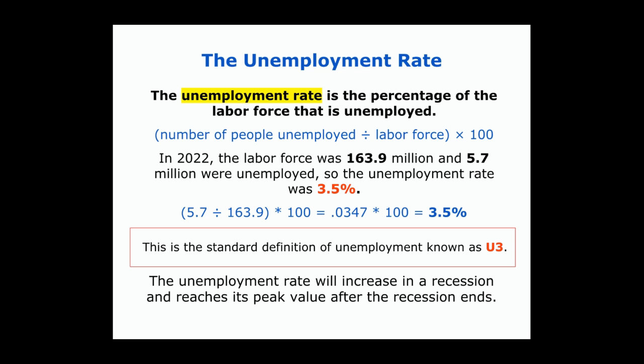This is the standard definition of unemployment. When you hear in the news that the unemployment is 3.5% or 4.3% or 5.7%, this is the calculation they're talking about, this U3 calculation, which is defined in this very particular way. This is the standard definition of unemployment known as U3.